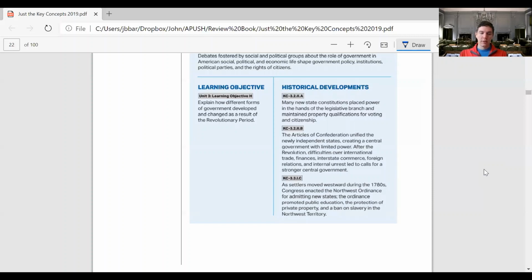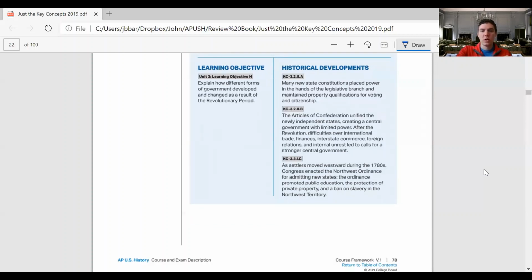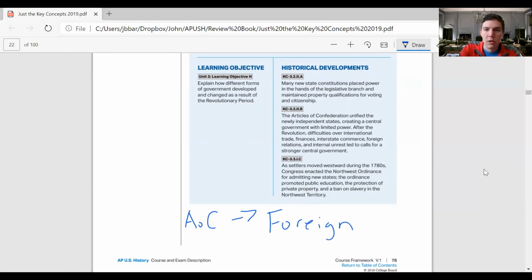However, with the Articles of Confederation, a lot of it is about foreign stuff. How are they going to deal with war? How are they going to deal with international trade?